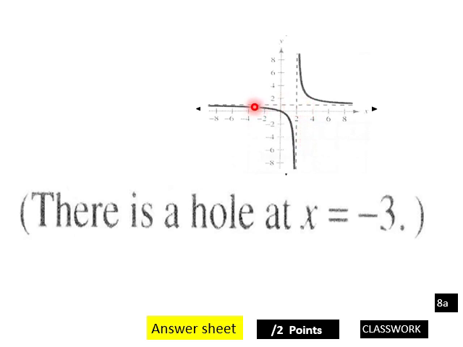I'm sorry, x equals negative 3 over here. So you have a discontinuity here in your graph. And then otherwise it would look like your classic rational expression here. And again, at x equals 2, that's your vertical asymptote. Your horizontal asymptote is y equals 1.